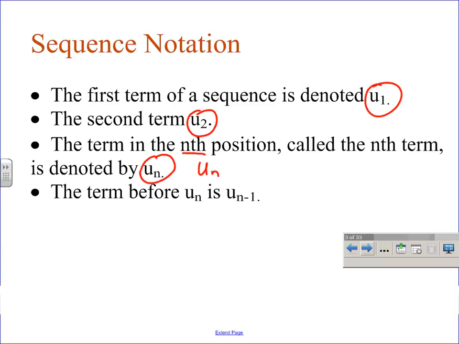And then the term before a sub n is going to be a sub n minus 1. So we could say a sub 1, a sub 2, a sub 3, okay, and that's the order that they would come in.